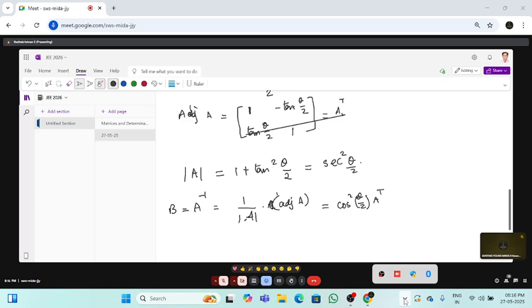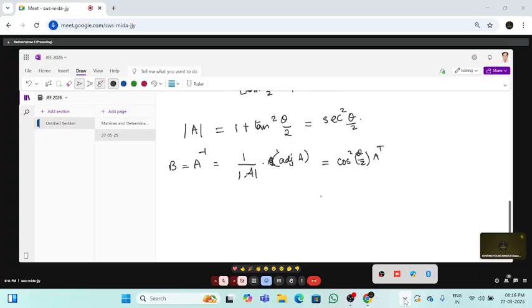So let me put one problem. Problem number 11, I'm just randomly picking something. It is given that A transpose into A inverse is symmetric.